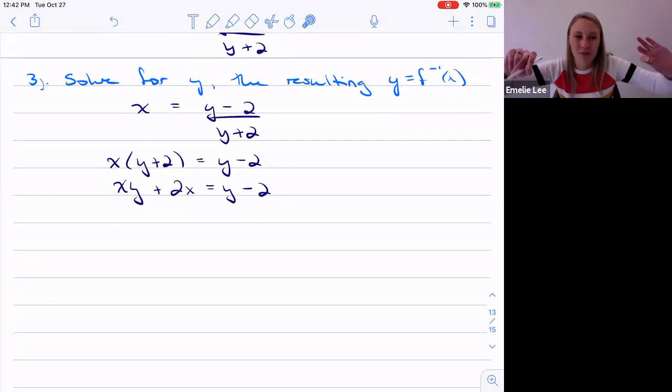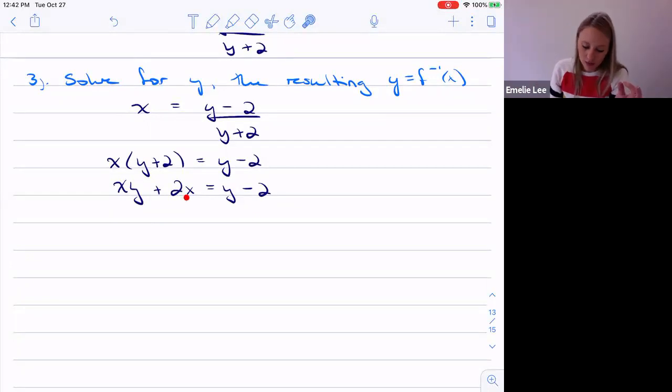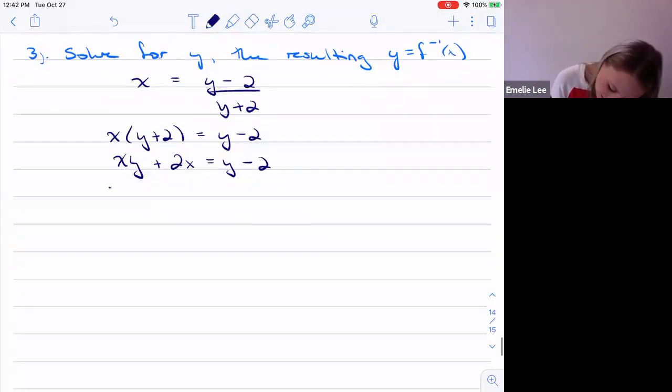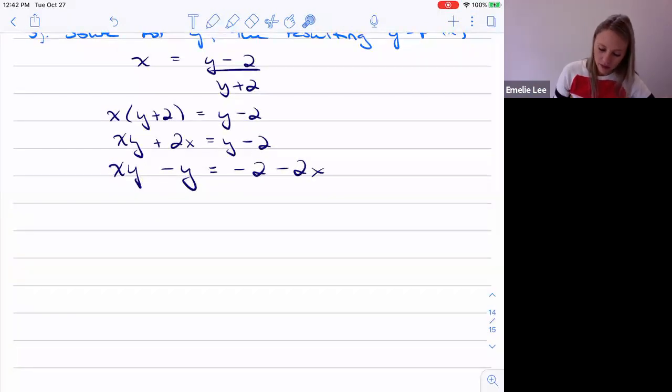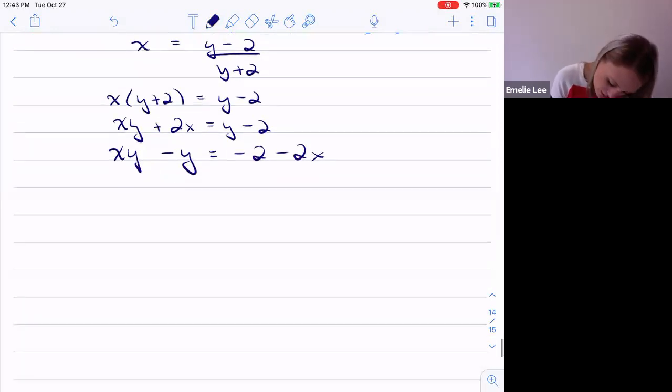In one kind of switcheroo motion, I'm going to move the 2x over to the right-hand side, and this y over to the left-hand side. So I get xy minus y is negative 2 minus 2x. I can pull out a common factor of y here, and also a common factor of negative 2 if I prefer out here, which I might do just for practice.